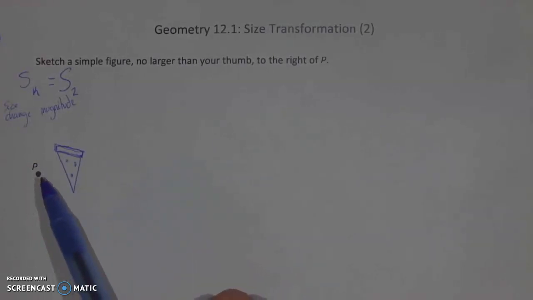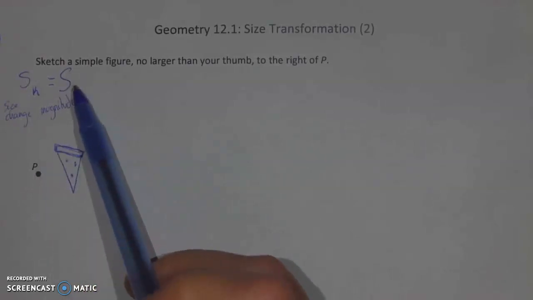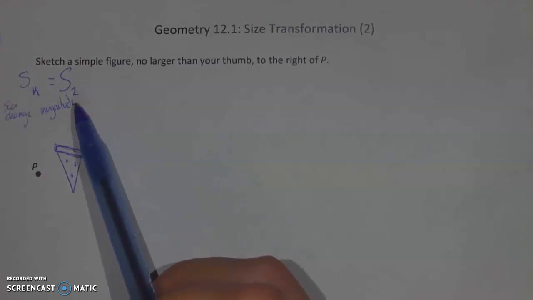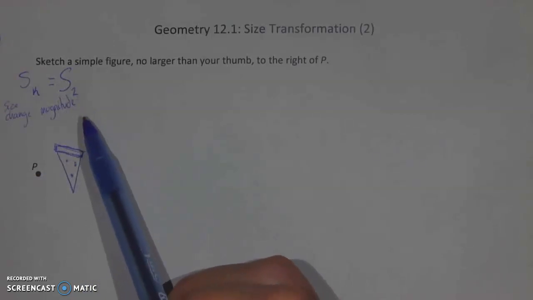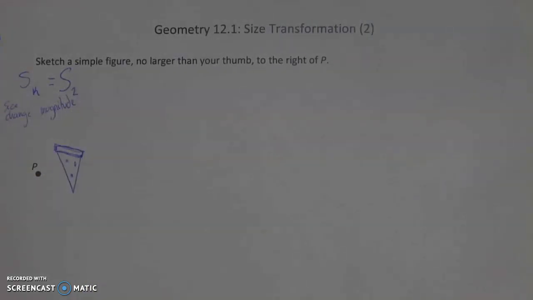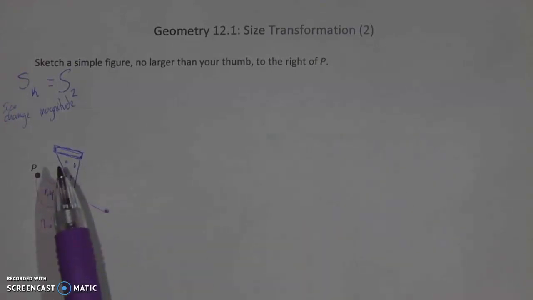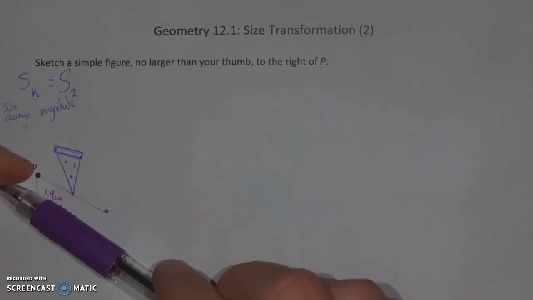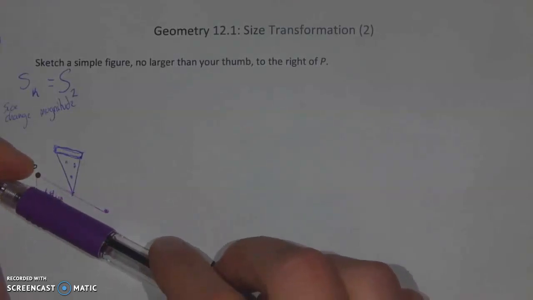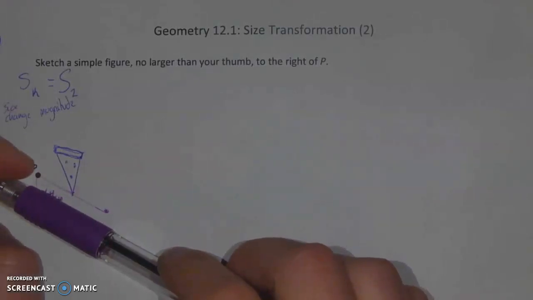Now, size changes we've done before in a graph, and all it takes is multiplying your coordinates by that number for your size change. But here I don't have a graph, so that means I'm going to have to do a size change in a different way. So let's see how that works. When you start your size change, make sure that you have this center point drawn on your paper, and I do actually want you to do this one for our lesson today.